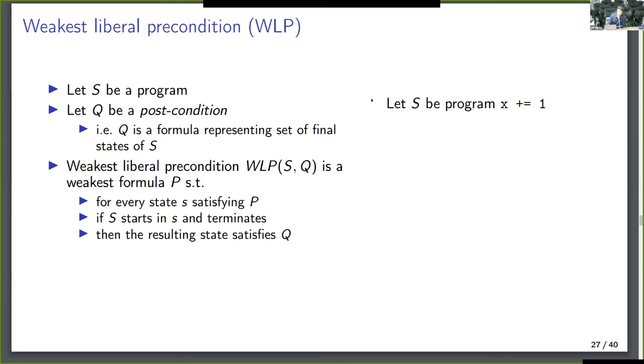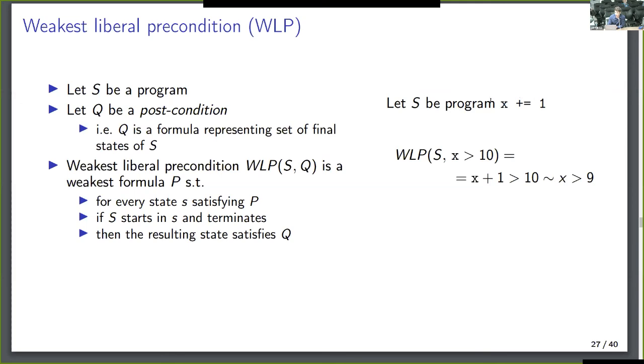And let me show how it works with this small example. If we have the program that just increases x by 1, and we have this postcondition, x greater than 10, here we ask, what should we require from x to obtain this property after execution of this program? Well, you can do it by substituting the right side of this assignment.